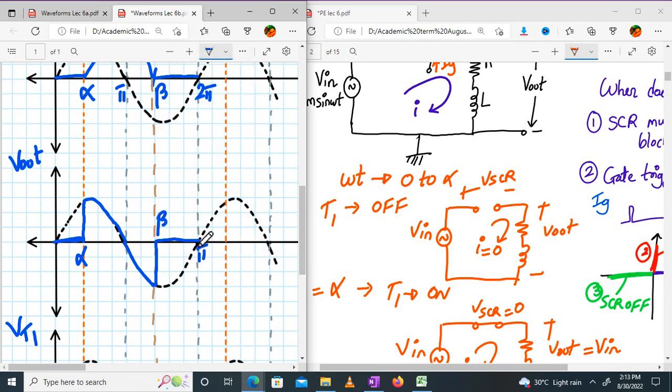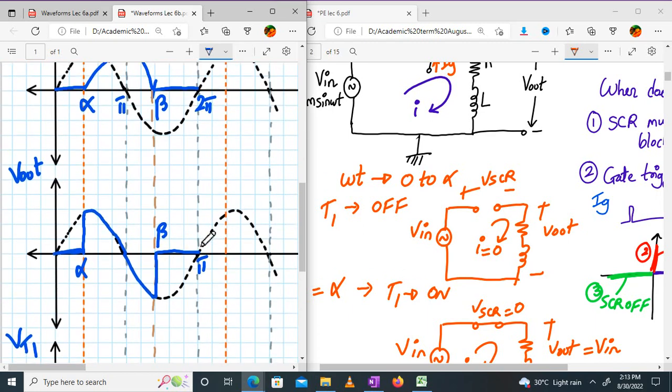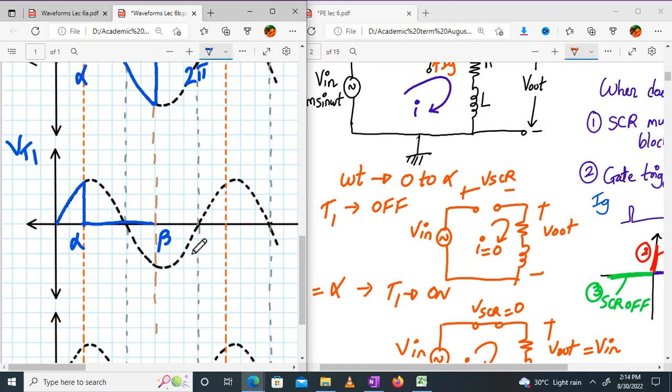This will continue till pi, right? Okay, 2 pi, yeah, 2 pi. From beta to 2 pi, my thyristor is off. So the voltage across the load will be 0. What will be the voltage across the thyristor? Equal to V in, right? So it will follow V in. Follow V in means this, right? Up till 2 pi.